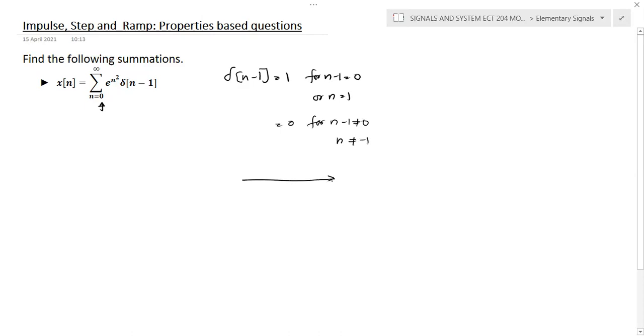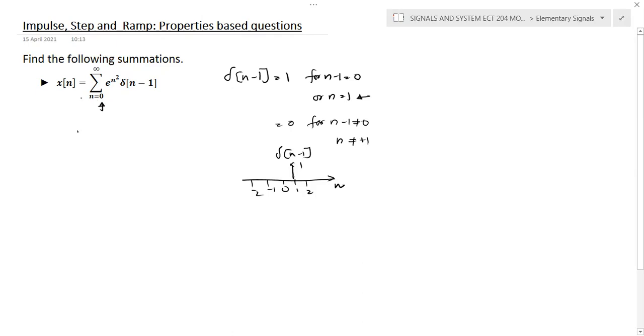And if this is 1, then this is plus 1. N, and this is 0, 1, 2, this is minus 1, minus 2, etc. And the function magnitude is 1 when n is equal to 1. So you can draw a waveform like this, and this is del of n minus 1.